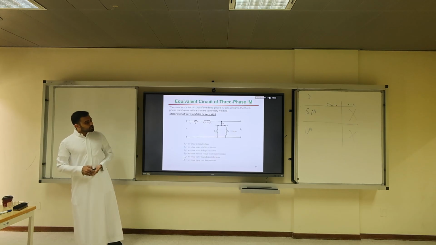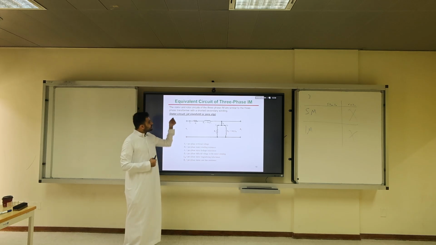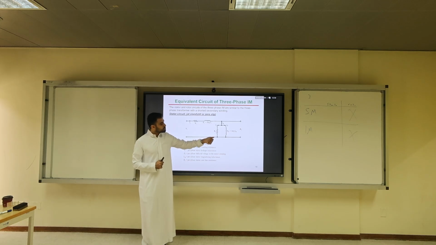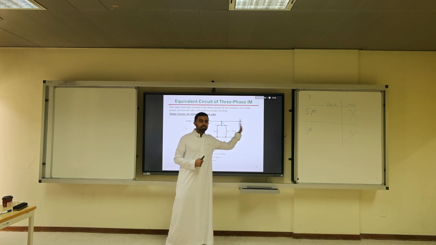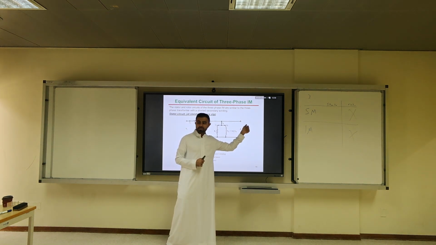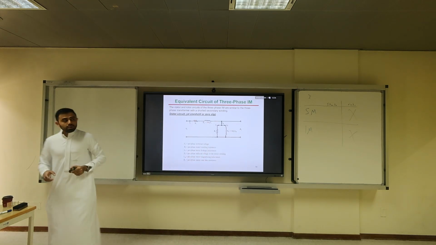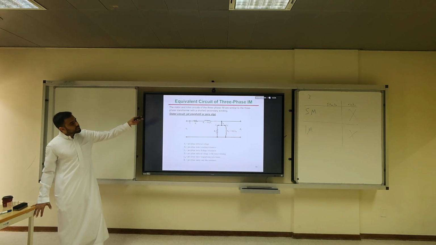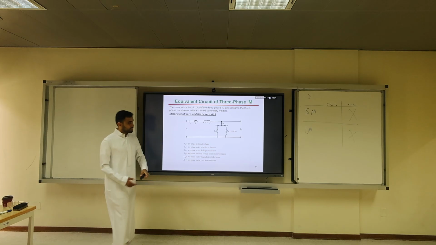The equivalent circuit, we all remember the equivalent circuit. So the stator circuit at standstill or zero slip, remove all the rotor parts because the rotor current is 0. It's like an open circuit. The stator and rotor circuits of the three-phase machine are similar to a transformer with shorted secondary windings.